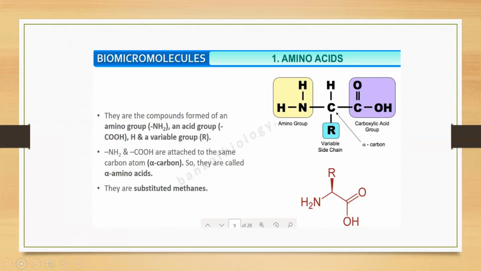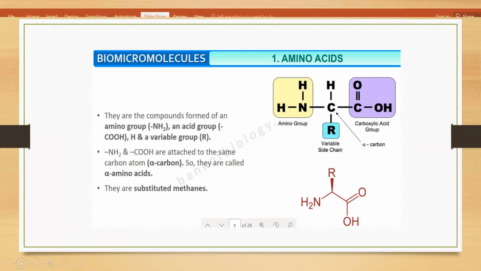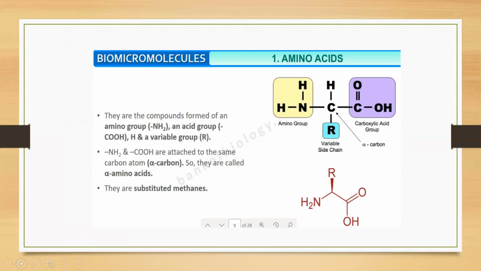These amino acids are substituted methane. If you remember, methane is CH4. Now, those 4 hydrogen atoms can get substituted by the amino group, carboxylic group, and a variable side chain. So that's why it is known as substituted methane.